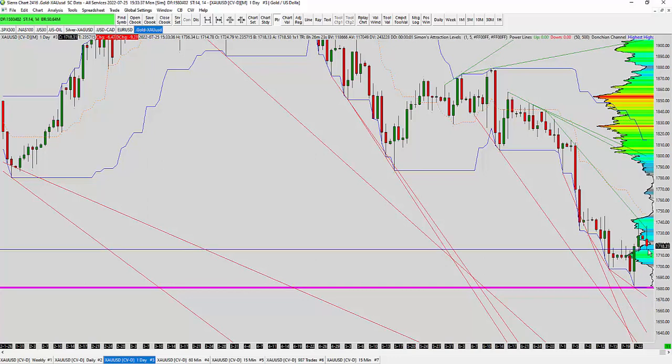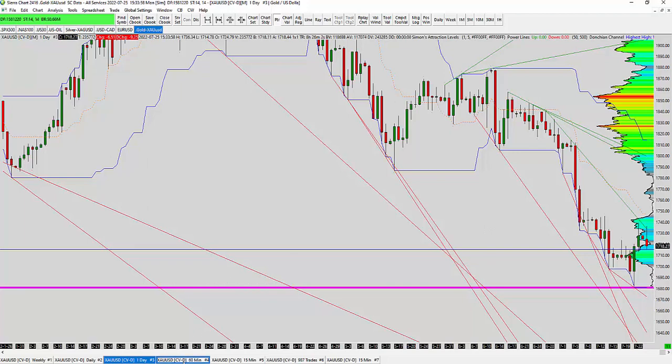So what does this make me do? This will prompt me to look for a long. For me to look for a long, I would look for confirmation. So for confirmations, I would look for other indicators that will help me make a decision. And one of them is the dynamic reversal level, the DRL.